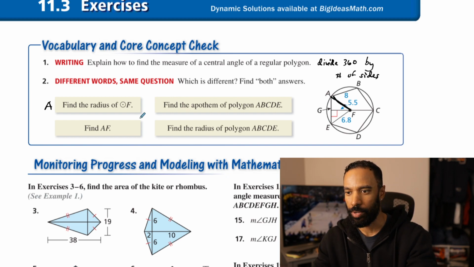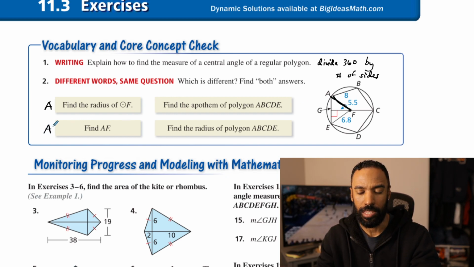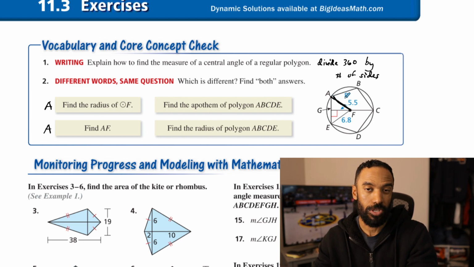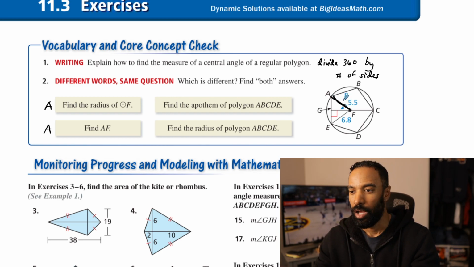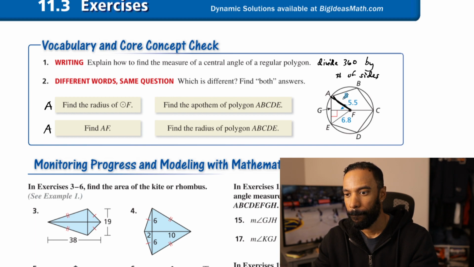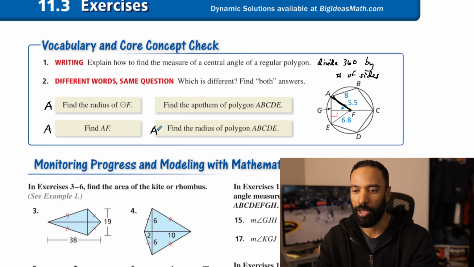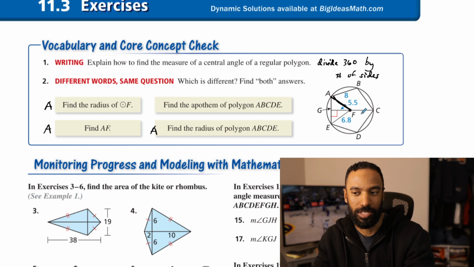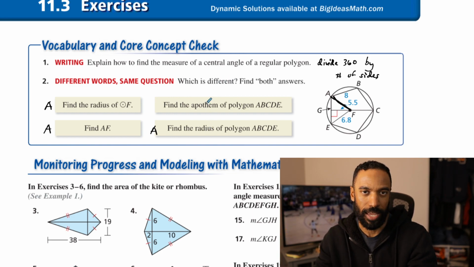Like when they said find AF, that's the length of AF, and that's the same thing. The length of AF is also the radius of circle F. It's also the radius of the regular pentagon. That's this one here. Find the radius of polygon ABCDE. That's assuming this is a regular polygon. They don't say it, but since they're saying apothem and radius, then I guess it has to be.